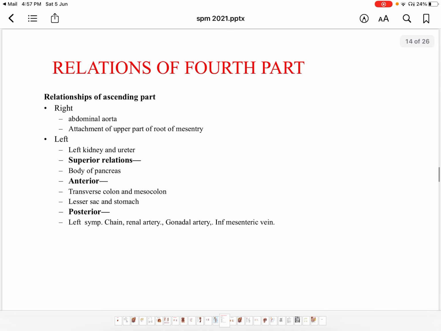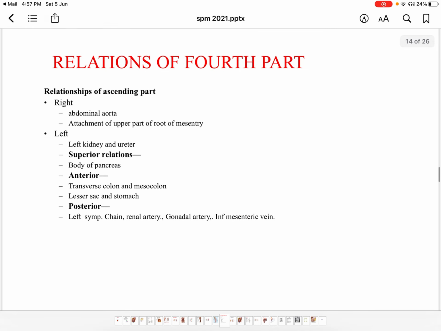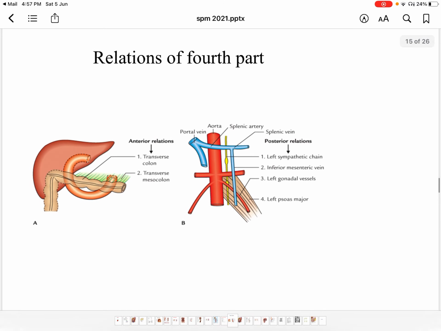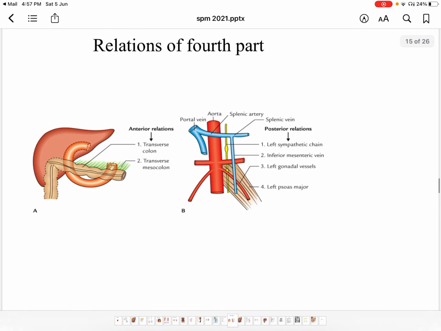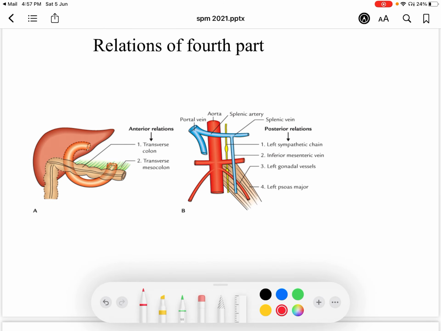Now the relations of the fourth part. In this diagram, you can see the relations of the fourth part. Anteriorly, there is the transverse colon and transverse mesocolon.